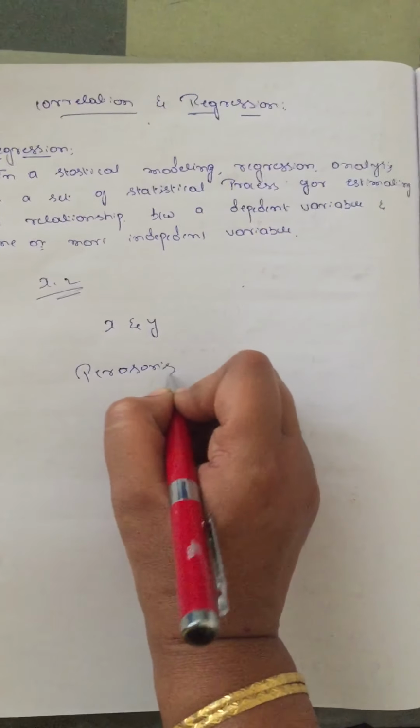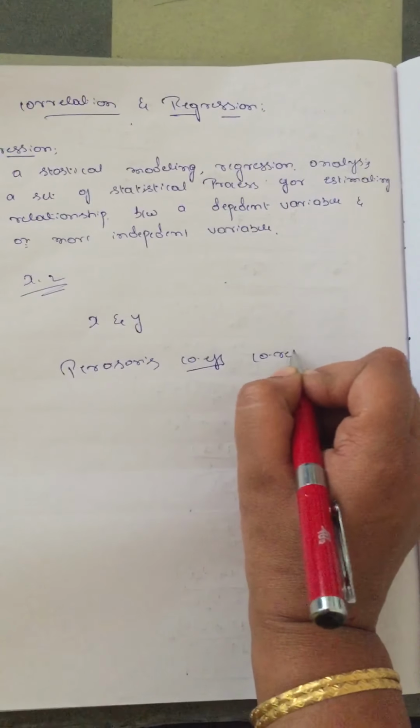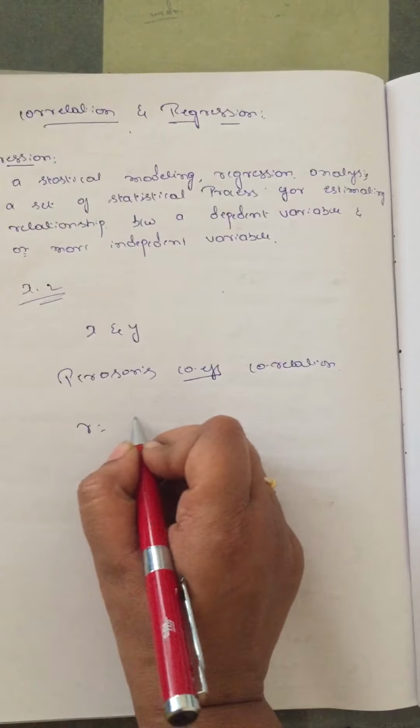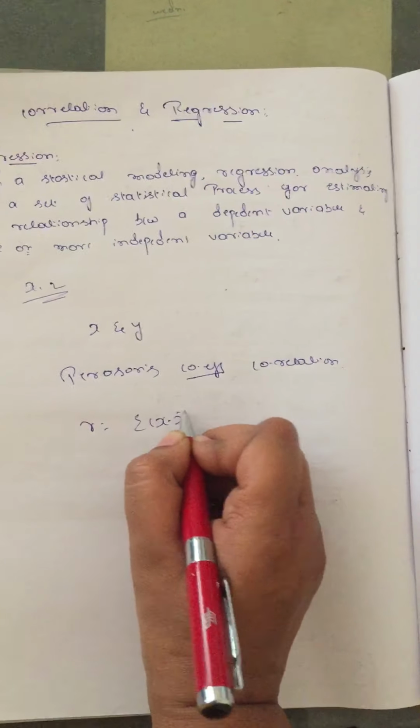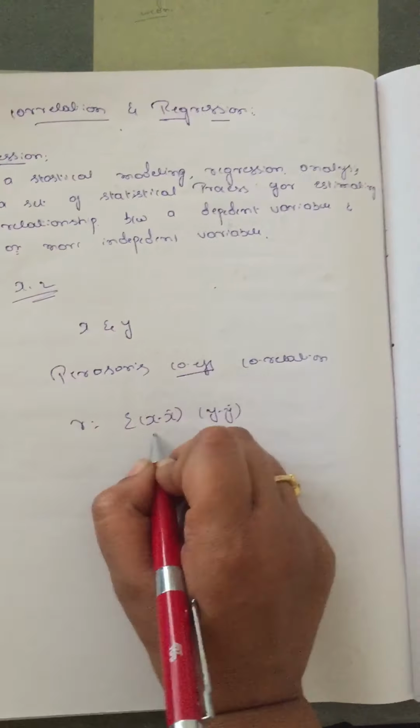Pearson's coefficient of correlation is denoted by r. r is equal to summation (x minus x bar)(y minus y bar) divided by n into sigma x into sigma y.